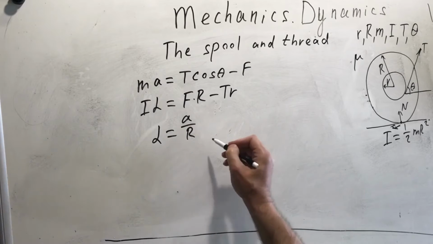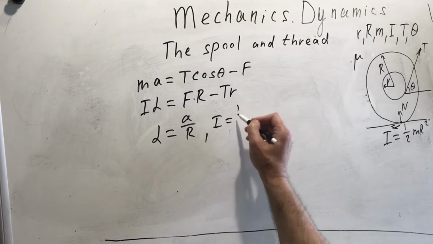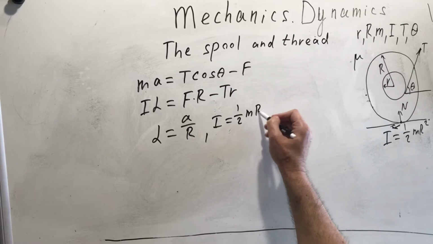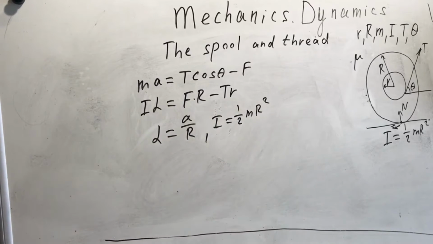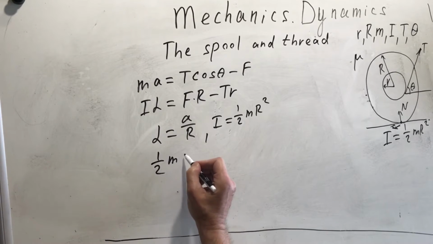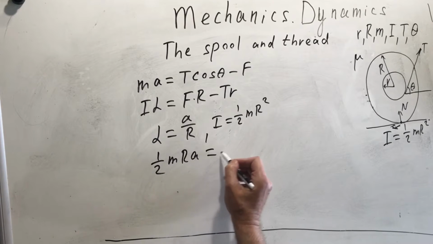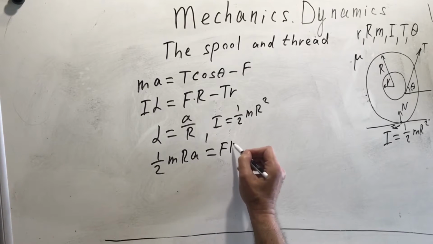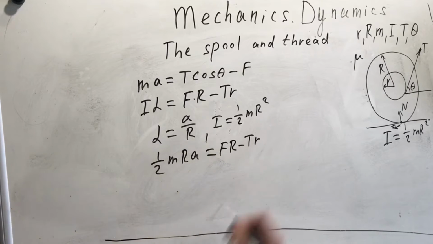And because I equal 1/2 mR squared, we can substitute these two parameters into this equation. So we have 1/2 mRa equal FR minus T small r. And now we can eliminate force of friction and find what the acceleration is.